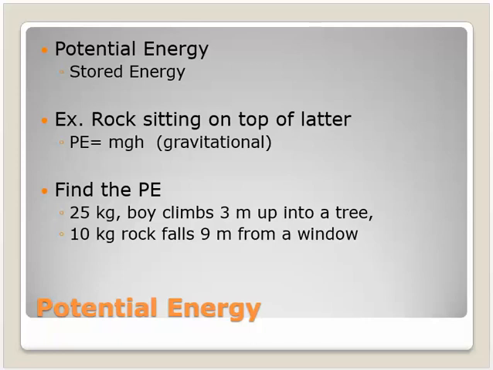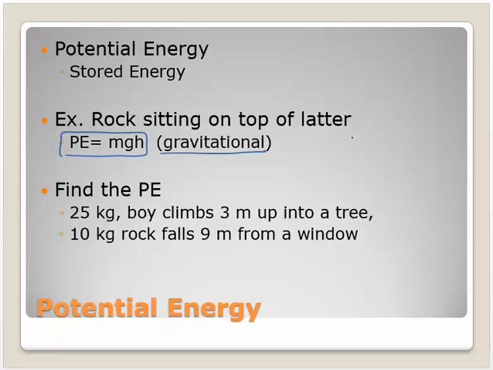There's all types of stored energy. We can have chemical stored energy like gasoline or food. We can have elastic potential energy, stored energy, such as a rubber band, if you pull a rubber band, or a bow and arrow, or a crossbow, or a spring. Those are all examples. But the type we're going to talk about in class specifically is gravitational, and it's going to be this equation right here.